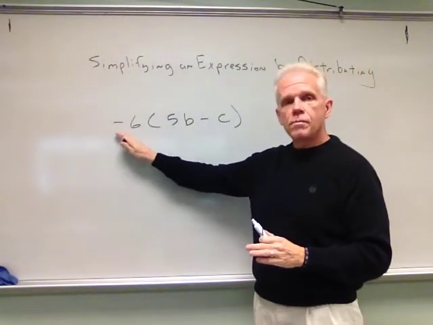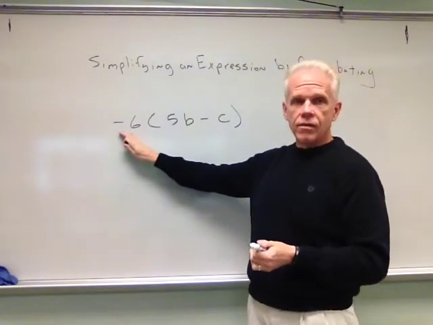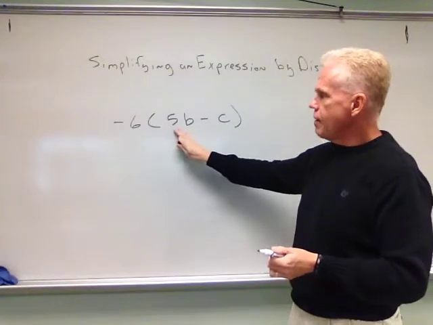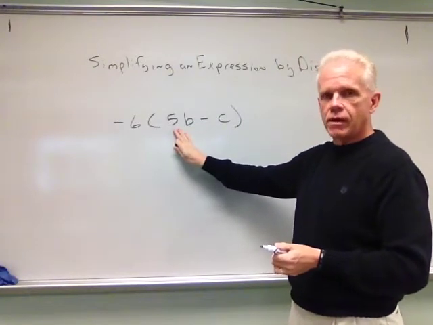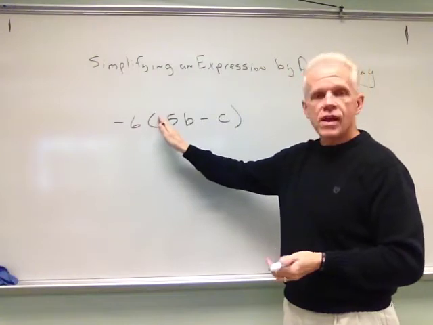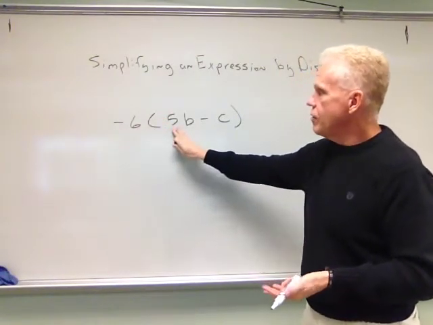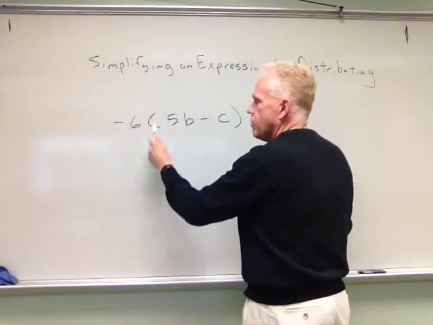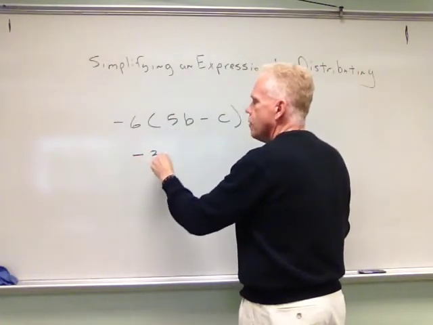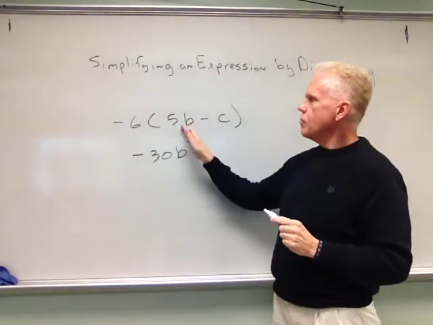We're going to distribute the negative 6 through here. Again, that means we're going to take the negative 6, multiply it first times the positive 5b. A negative 6 times a positive, even though it's not written plus there, we know that's a positive. Negative times positive is negative 30b. That's my first piece here.